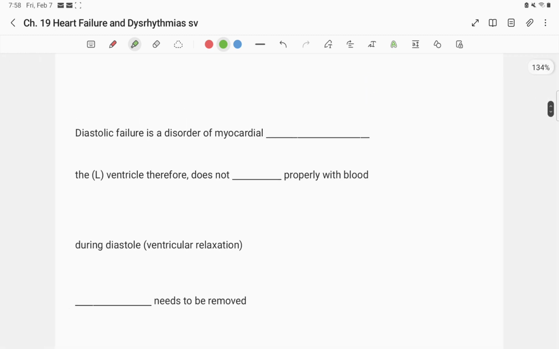All right, diastolic failure is a disorder of myocardial relaxation.